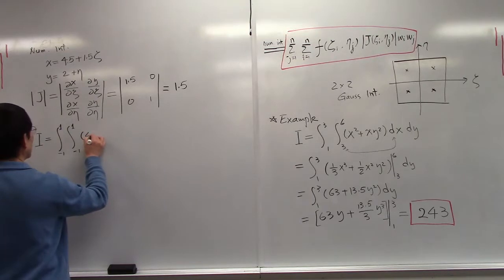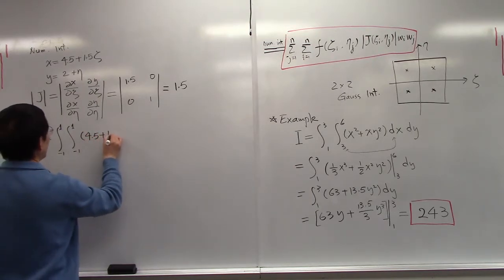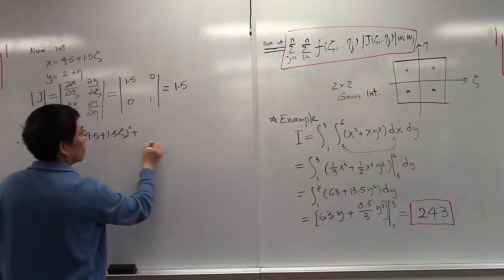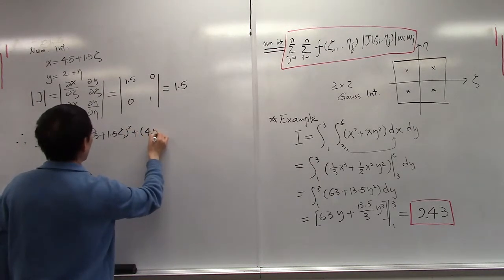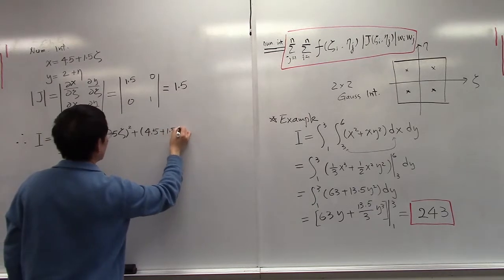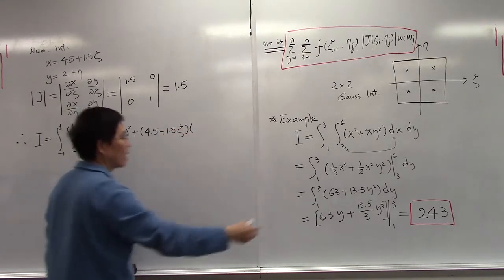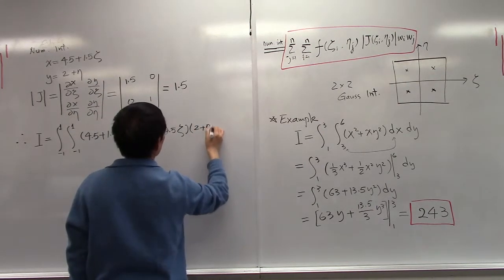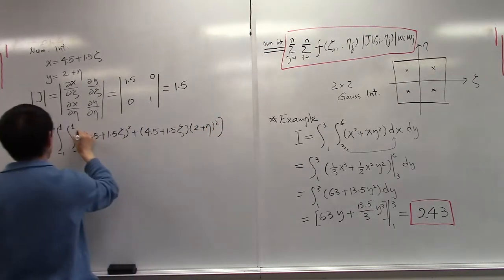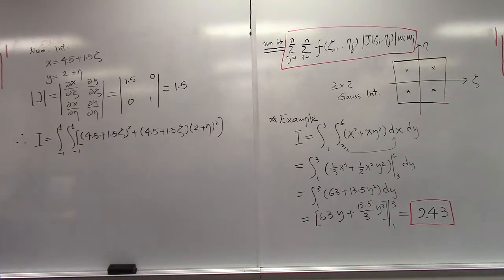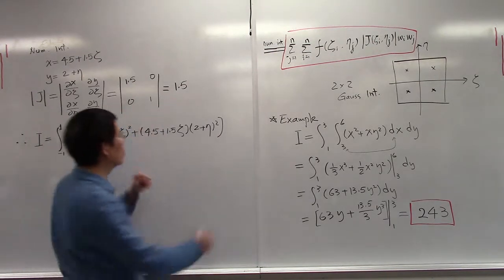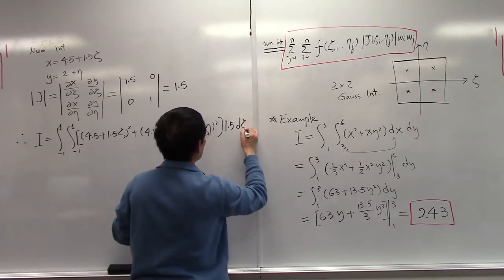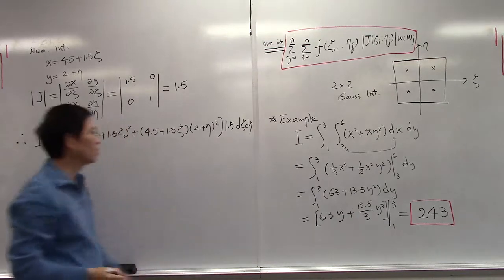So we need to put that in: 4.5 plus 1.5 theta, that is x, squared. And then 4.5 plus 1.5 theta, then times y squared, which is this guy, (2 plus eta) squared. And the Jacobian now is 1.5, and then d theta d eta.